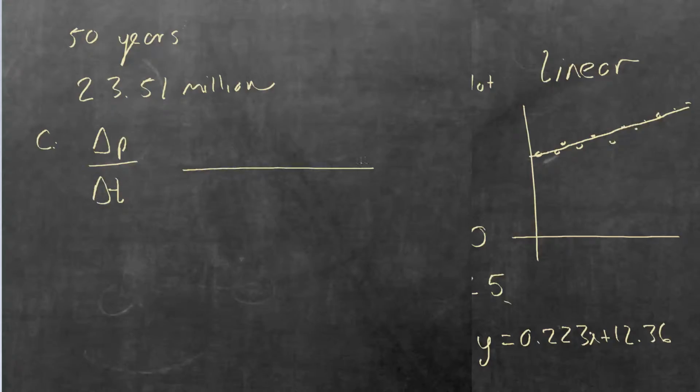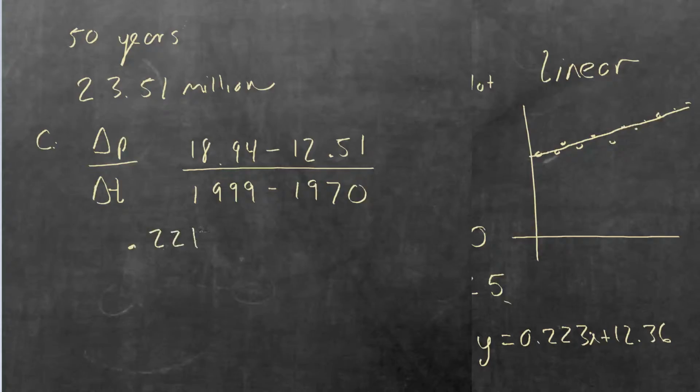So we want to write 1999 was 18.94 million minus 1970 was 12.51 million over, we could do 1999 minus 1970, and that should get us a number very similar to our slope, 0.221. But what does that actually mean?